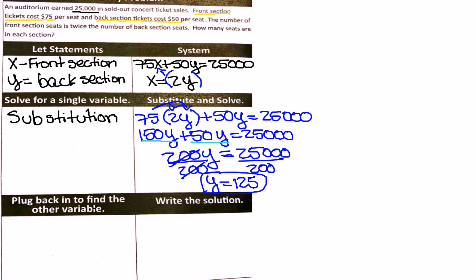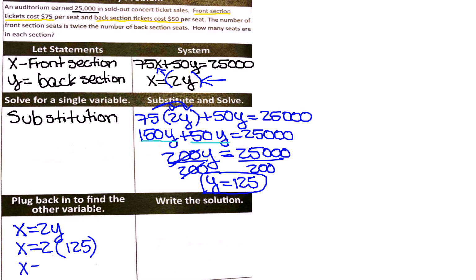I just have to plug it in on any of my two equations and solve for x. Now the easier equation to solve for x is this one because it's already x equal. So x is equal to 2y. So x is equal to 2 times my value for y, which is 125.